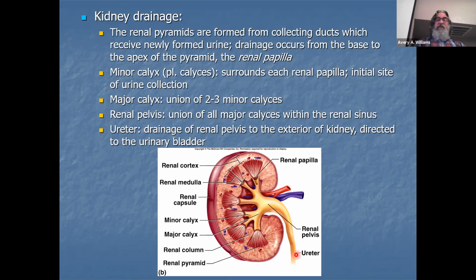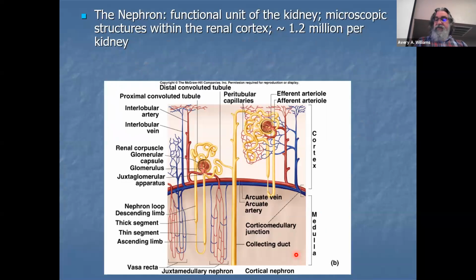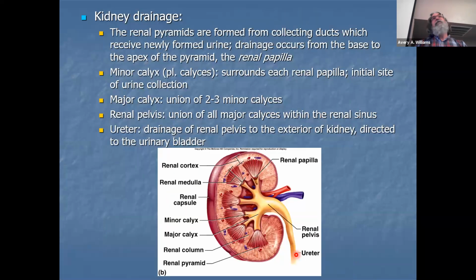Okay. So think about this. If you are a drop of urine, what's the path that you would take? Think about everything. You'd start off at the minor calyx, major calyx, renal pelvis, ureter, bladder, and then urethra.